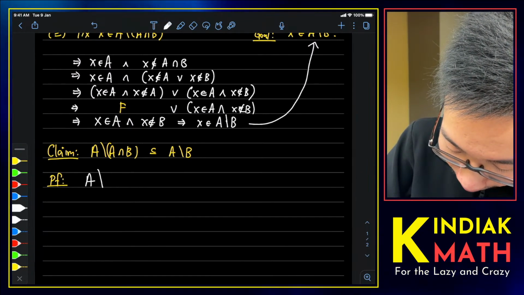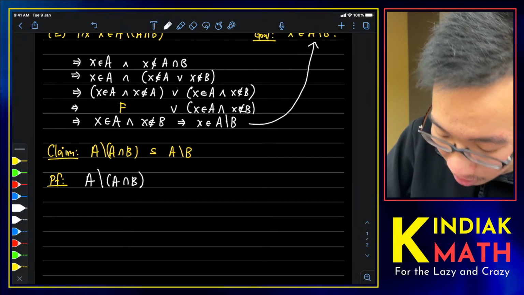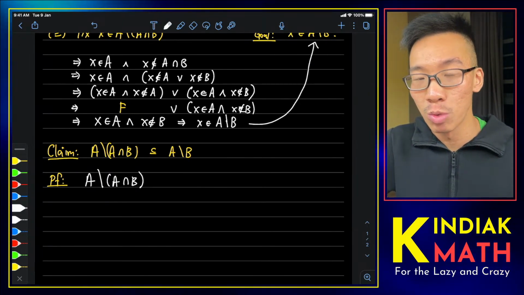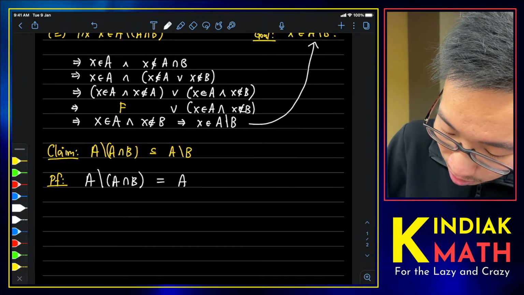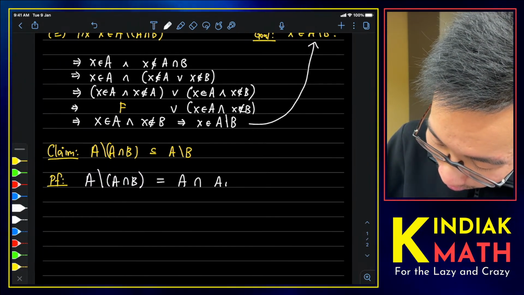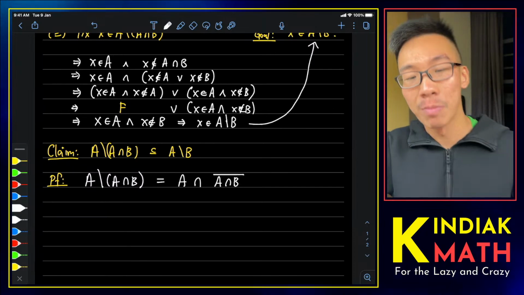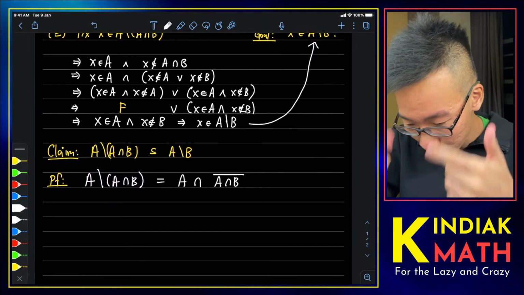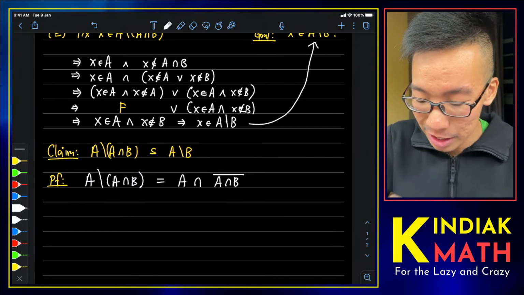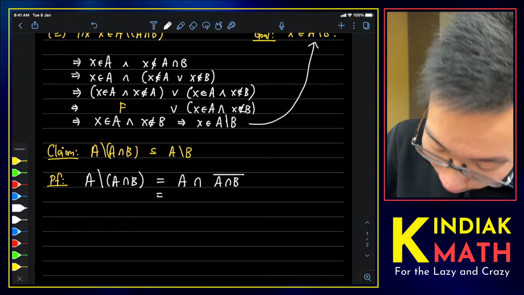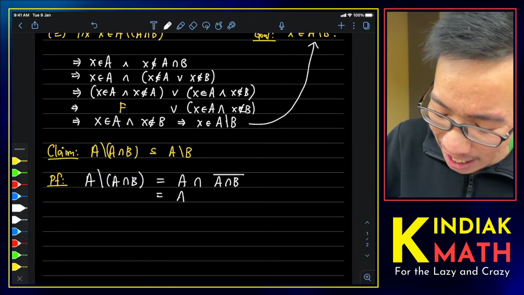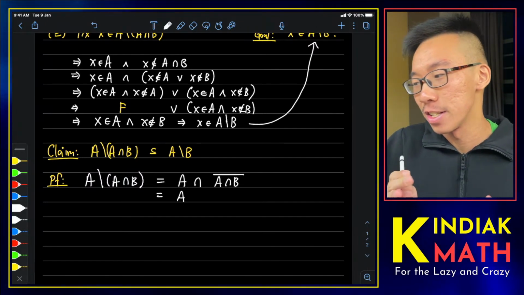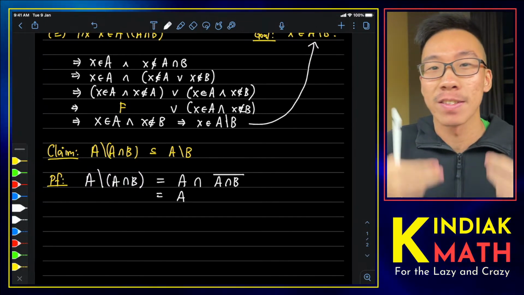We can start off with the left side. Complements are not really nice to work with, so we're going to convert this using the complement set and the intersection. We can apply De Morgan's laws, which, if you think about it, is fundamentally the same proof as the element chasing.